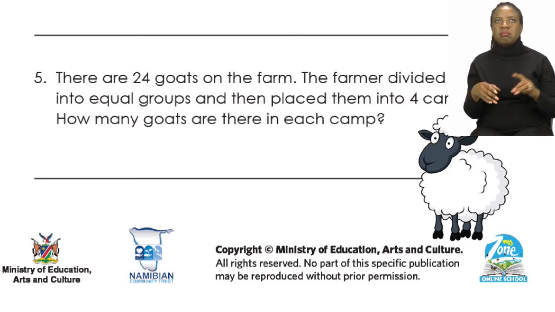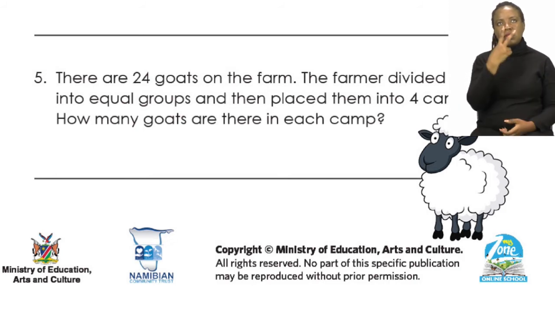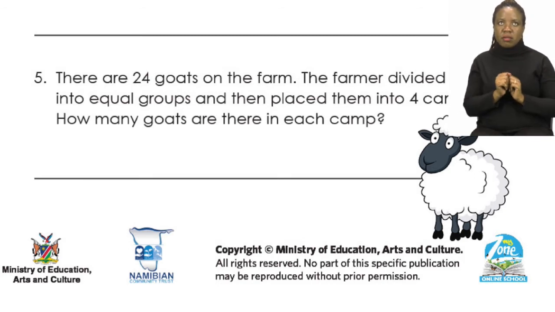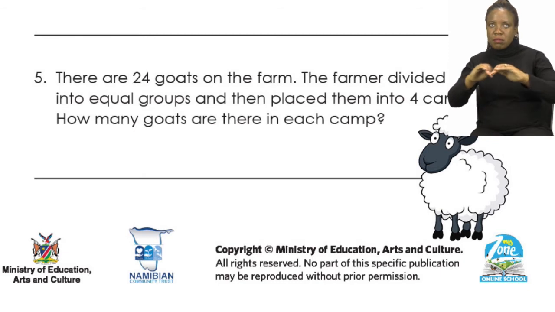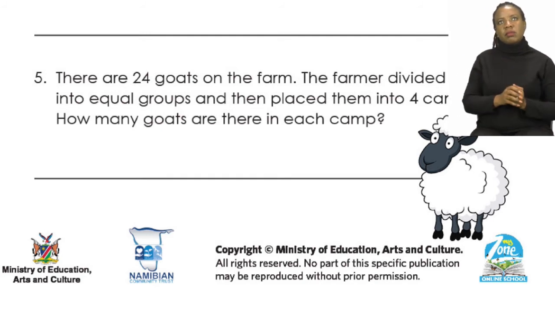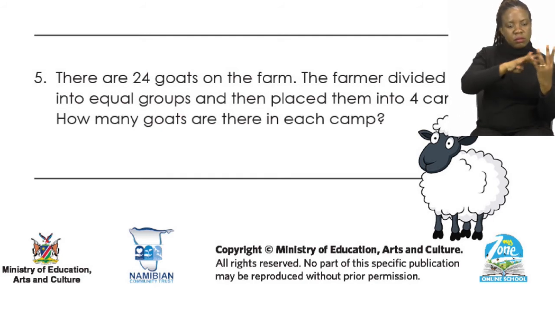Let's now read it again. There are 24 goats on the farm. The farmer divided them into equal groups and then placed them into 4 camps. How many goats are there in each camp?